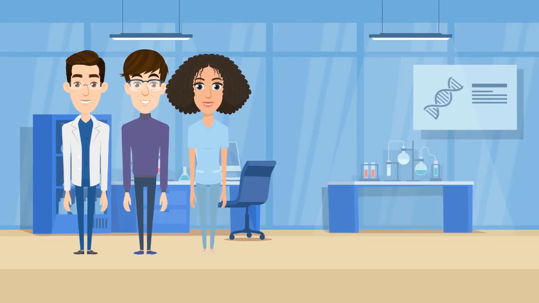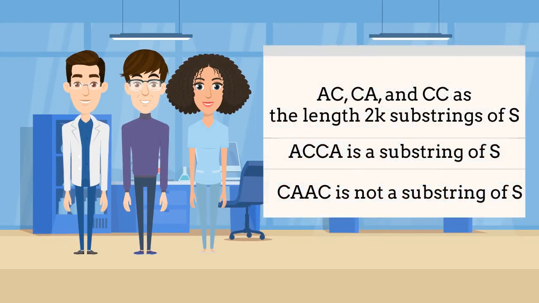The example they took was: suppose AC, CA, and CC are the length-k substrings of S. They said that ACCA is a possible substring of S, since CC is one of their possibilities.